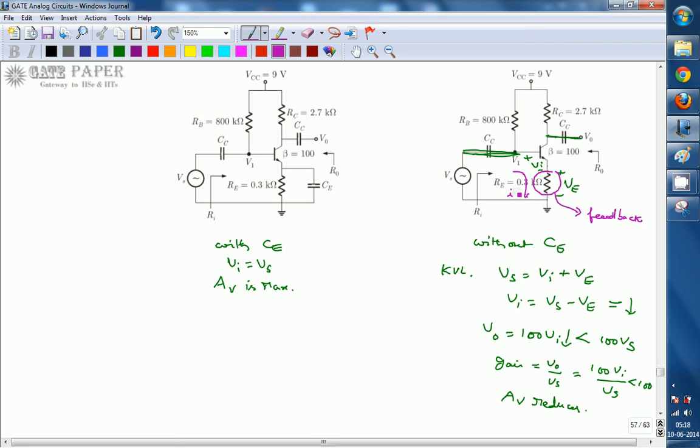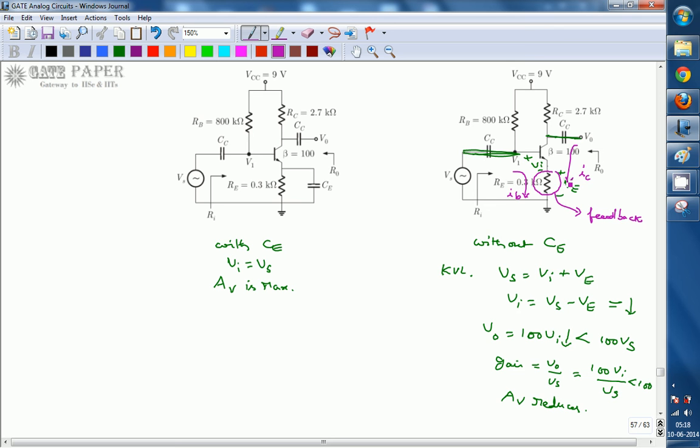The sum of these two currents is the emitter current, and that current flows through this Re. In this Re, input current and output current are both flowing, so this resistor is common to the input side as well as the output side. So this is treated as a type of feedback.